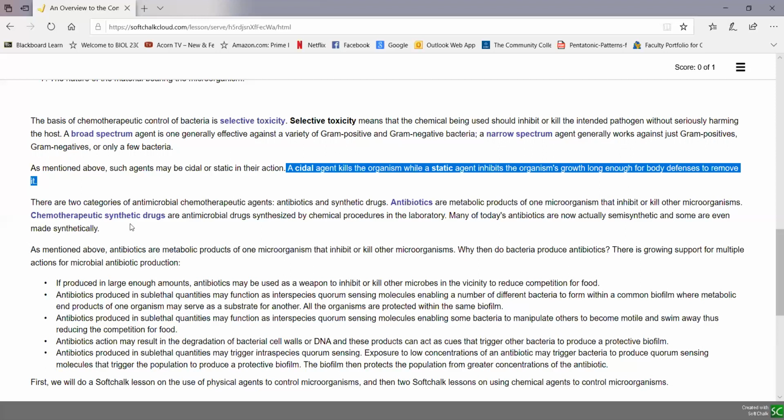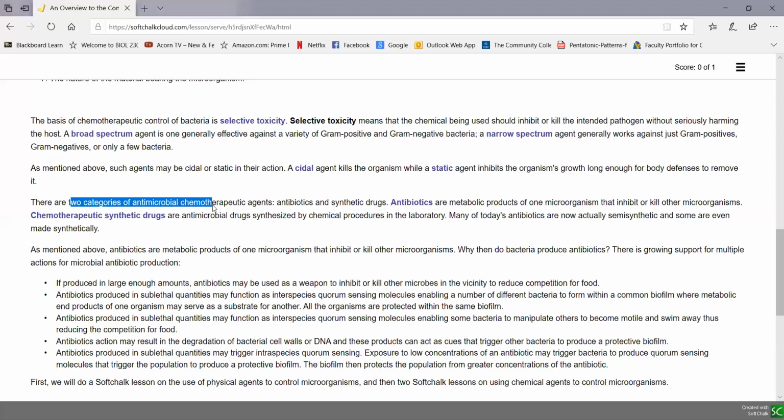And there are two categories of our antimicrobial chemotherapeutic agents: antibiotics and synthetic drugs. Now, antibiotics are traditionally defined as metabolic products of one microorganism that inhibit or kill other microorganisms.